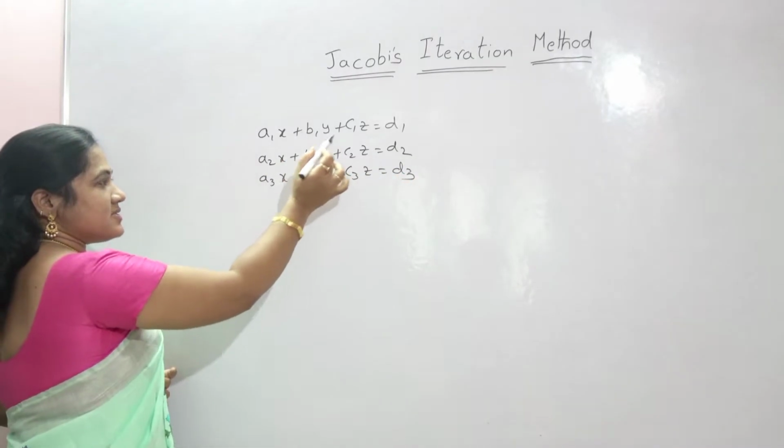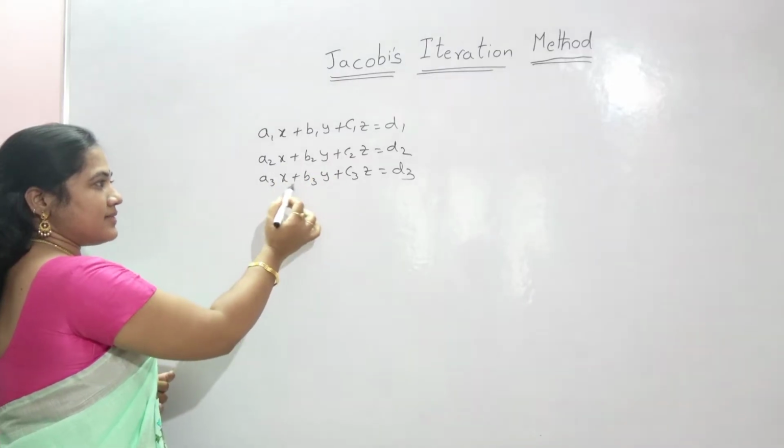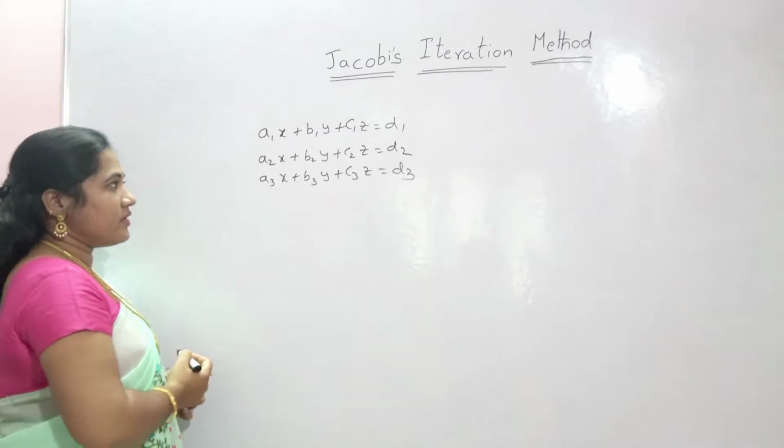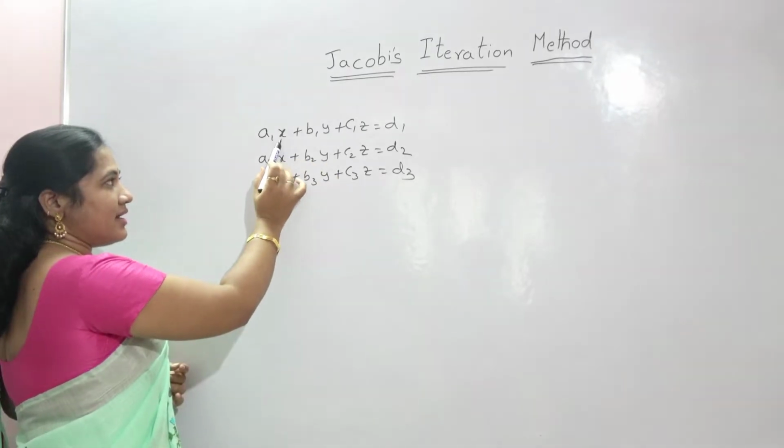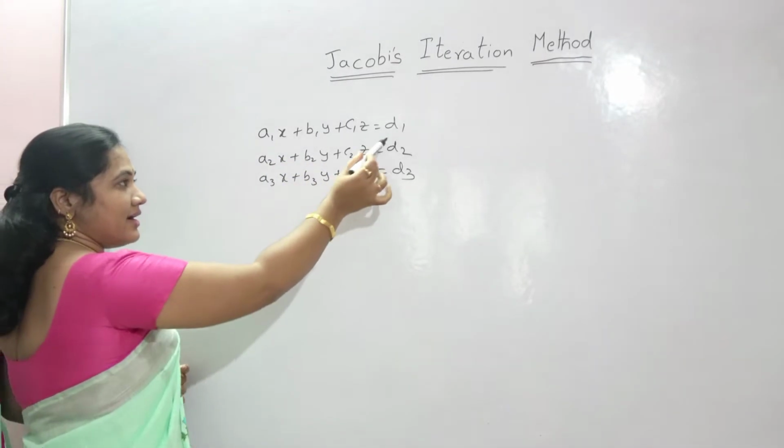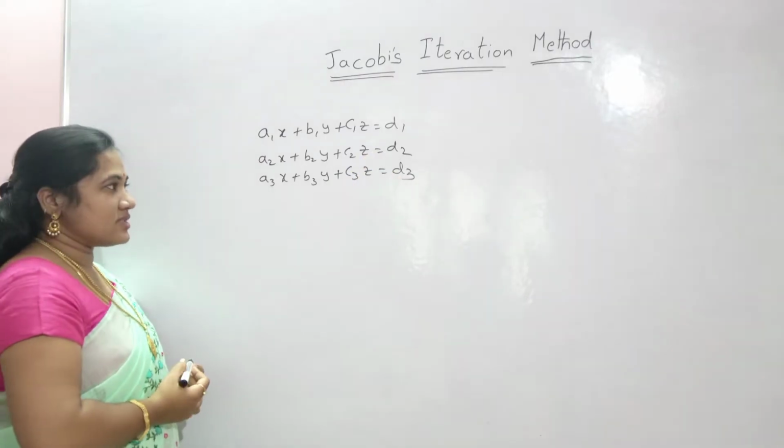Here a1, b1, c1, a2, b2, c2, a3, b3, c3 are the coefficients of the unknowns x, y, z. We have to find the unknowns x, y, z, and d1, d2, d3 are the constants.